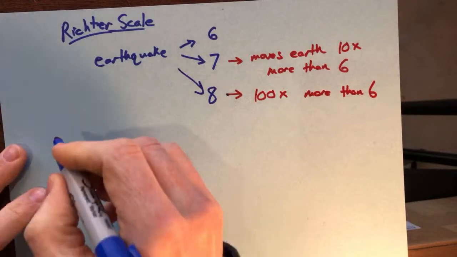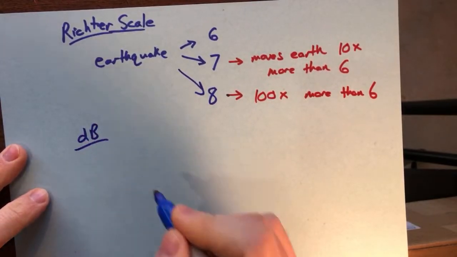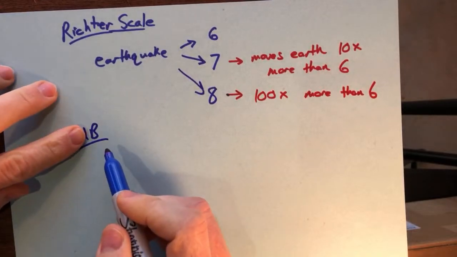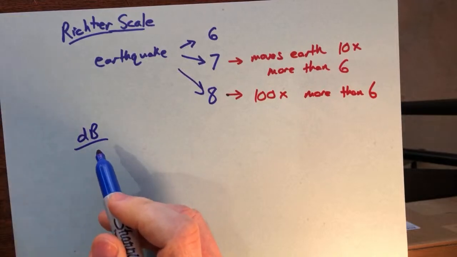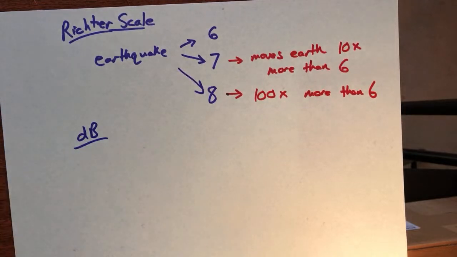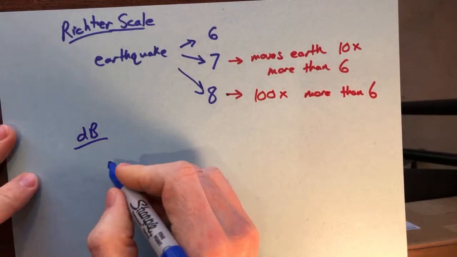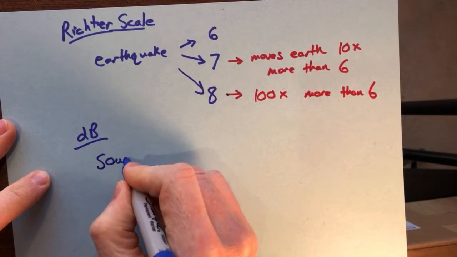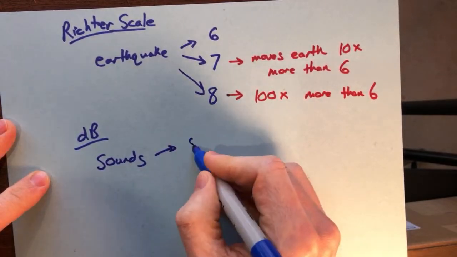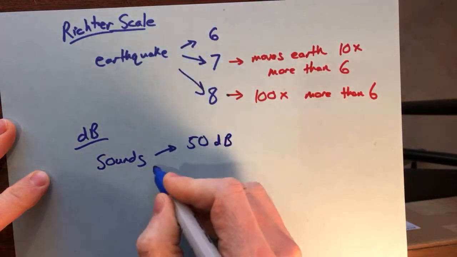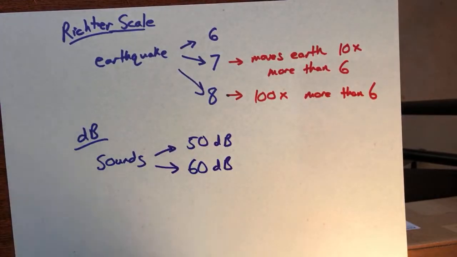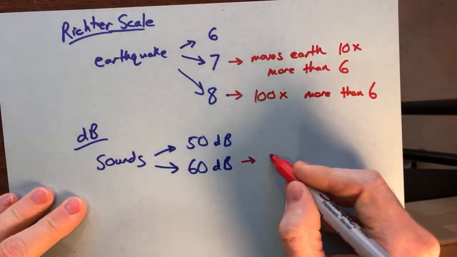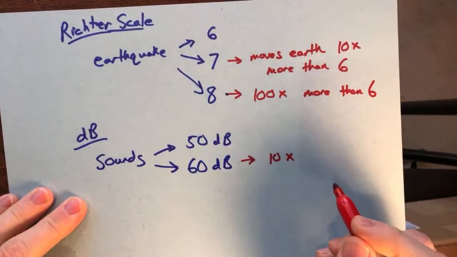And the same thing with decibels, right? The whole decibel scale, all right? It goes back to the Bell scale. The Bell scale is a log-based scale, but the decibel scale is 10 times the Bell scale, which is a little bit annoying. But basically, what does that mean? If you're hearing sounds, and something is, let's say, 50 decibels and something else is 60 decibels, the 60 is going to be 10 times the sound intensity.